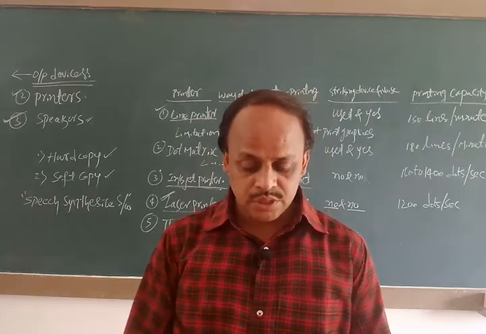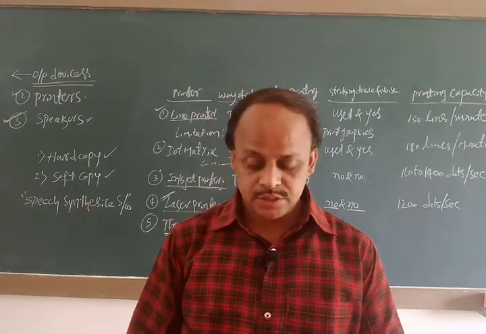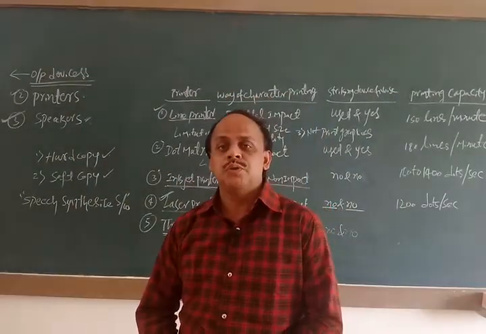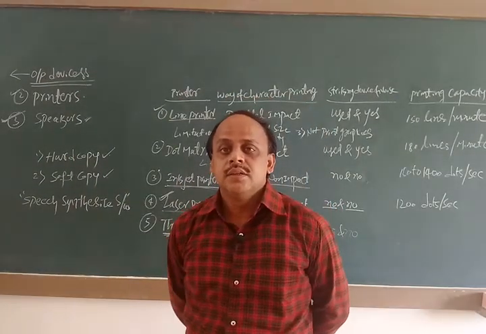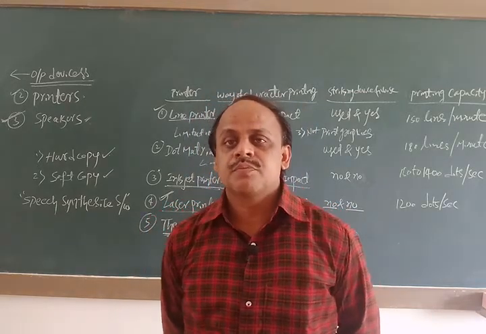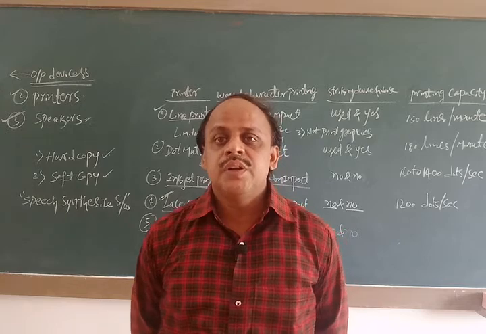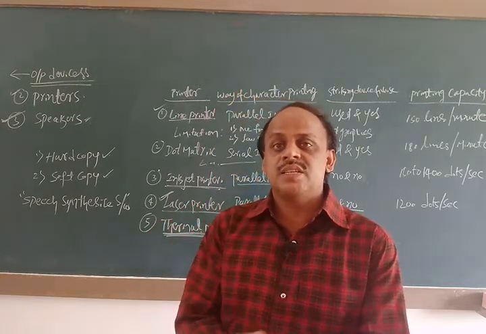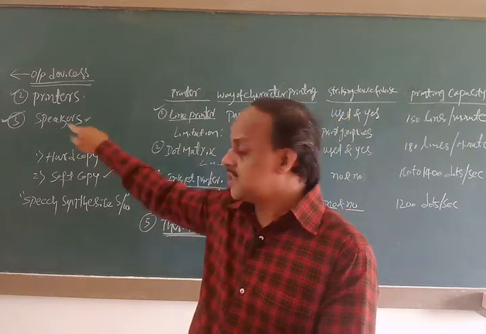So this is what we discussed today, different types of output devices, right? We studied input devices, we listed input devices, and afterwards we listed output devices: monitor, printer, speakers.